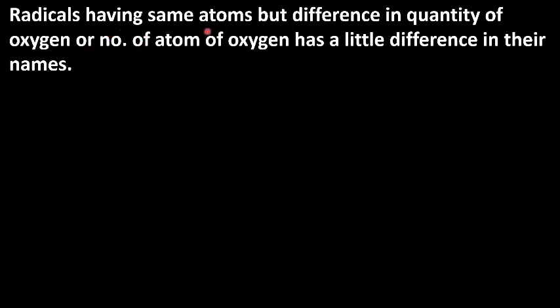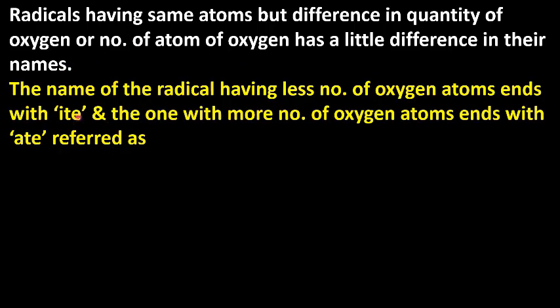Radicals having the same atoms but differing in the number of oxygen atoms have a little difference in their names. We discussed this already in the previous slides. The radical with fewer oxygen atoms ends with ITE. The one with more oxygen atoms ends with ATE.